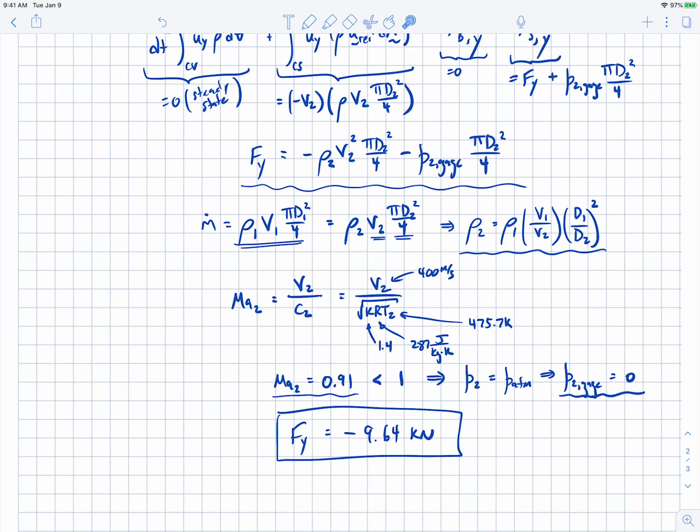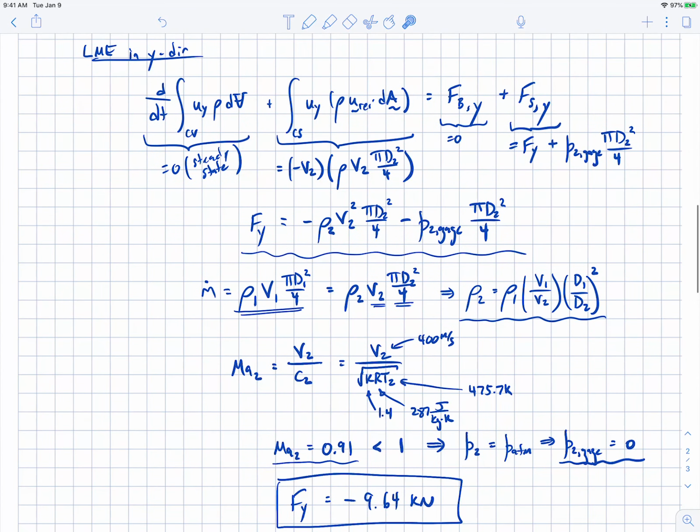Now you might ask yourself, how would we have tackled this problem if the Mach number was greater than or equal to 1? Well, if the Mach number at 2 is equal to 1, then P2 would be equal to the sonic pressure, P star. It would be the pressure when the Mach number is 1.